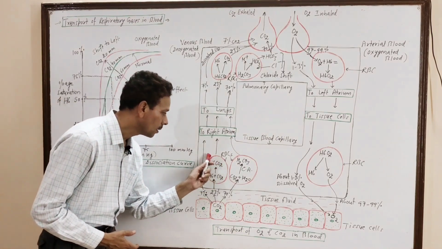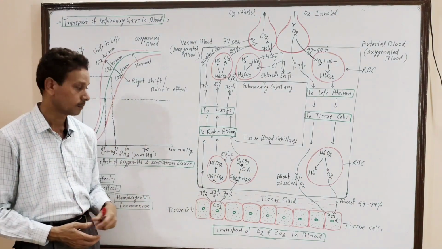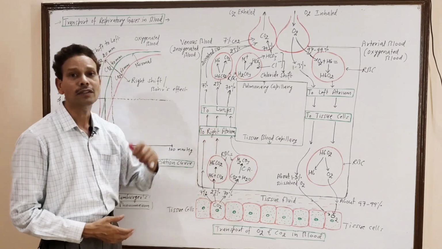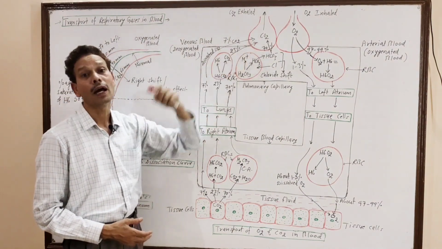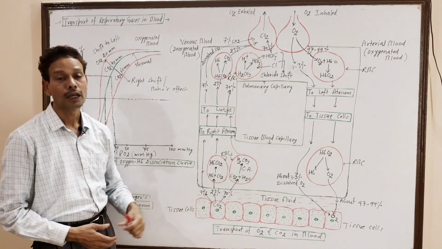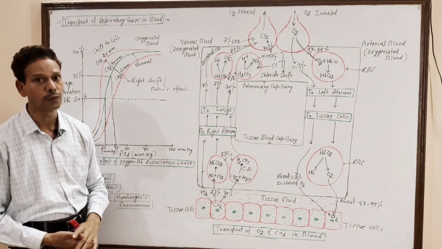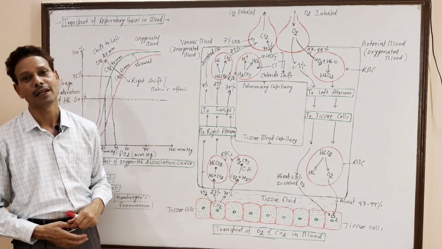This carboaminohemoglobin, about 23%, is carried via blood to the lung alveoli. The remaining 70%, the maximum transport of CO2, occurs in the form of bicarbonate ions.